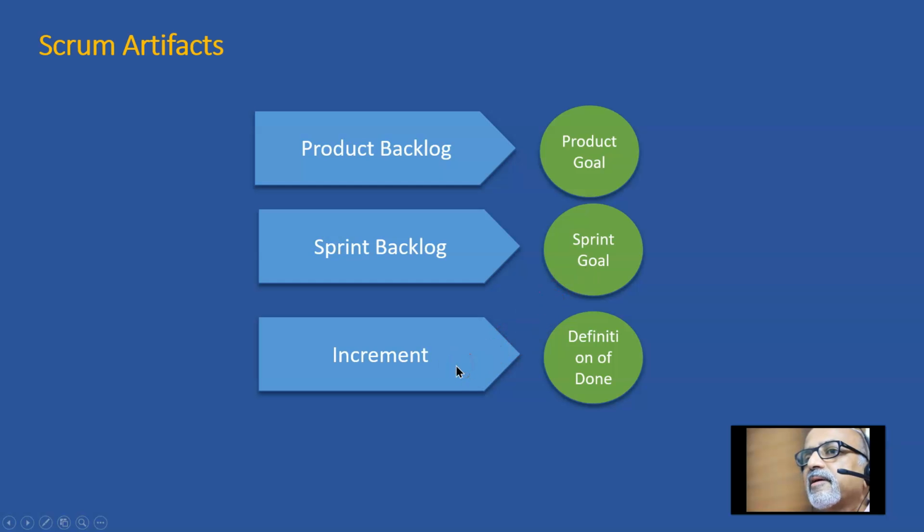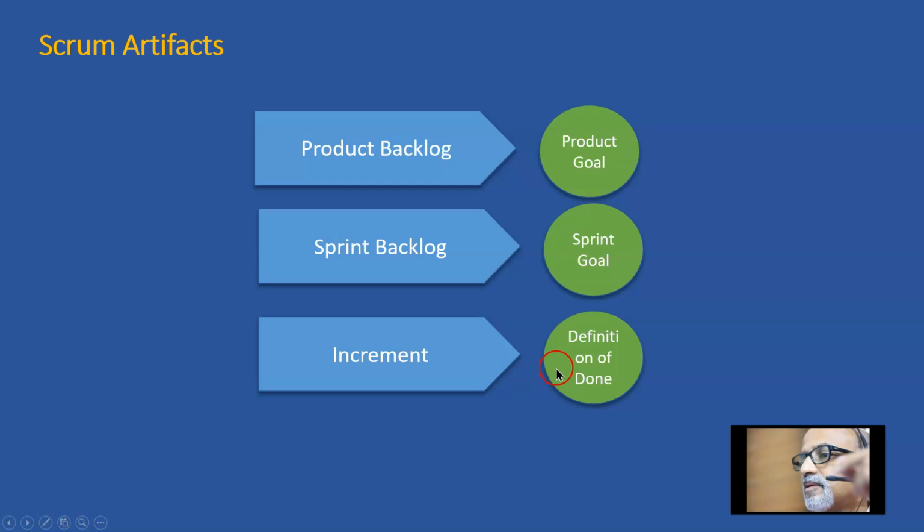Then sprint increment. It is about the work we are completing within the sprint. That means the development work that happens within the sprint, or the increment of the product that is happening within the sprint, is driven by the definition of done. That is the goal.